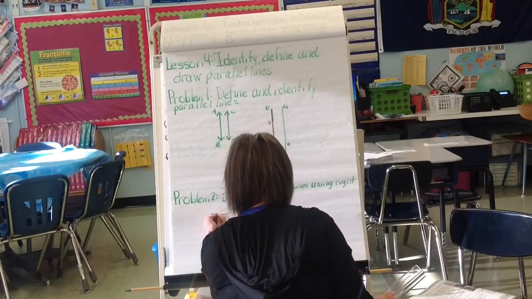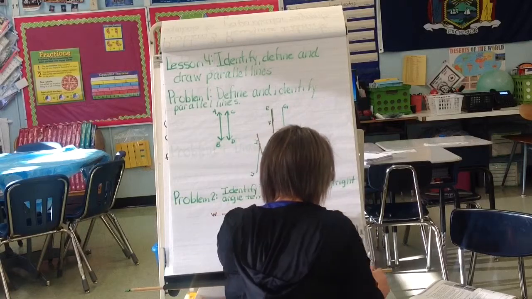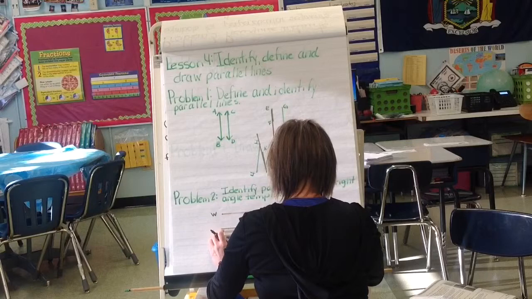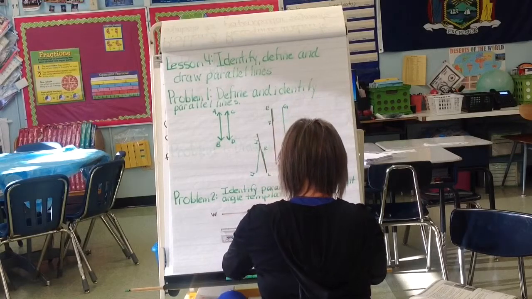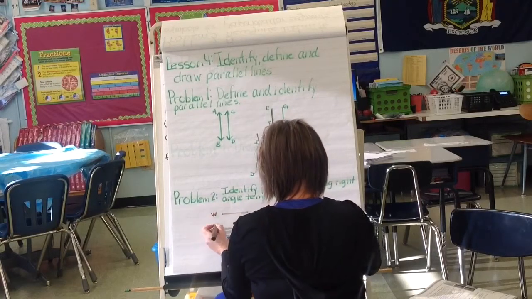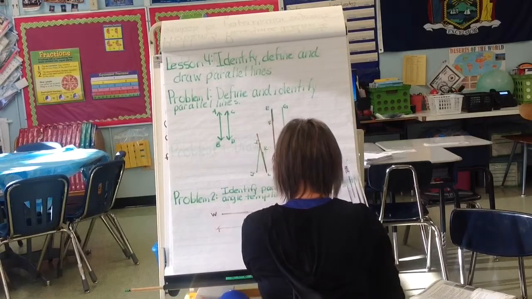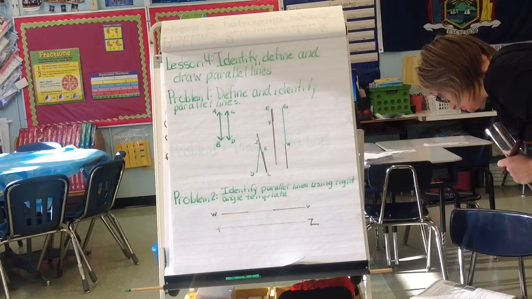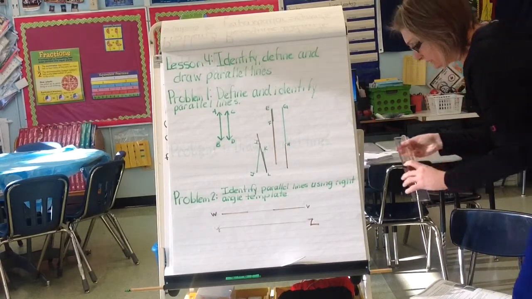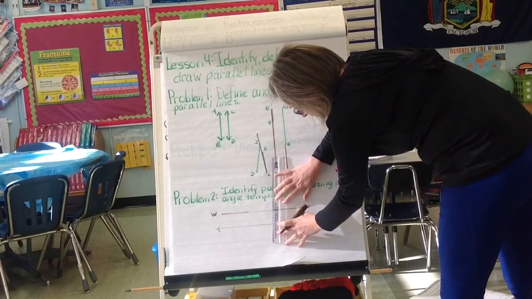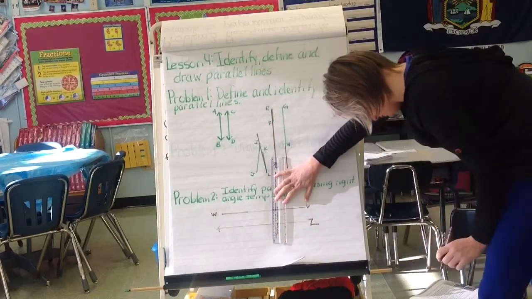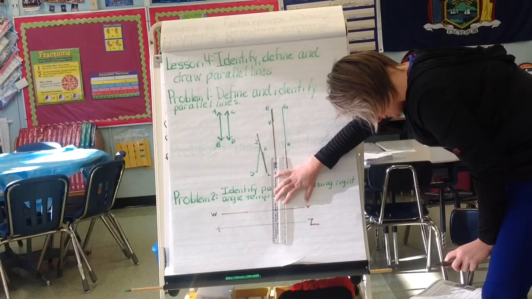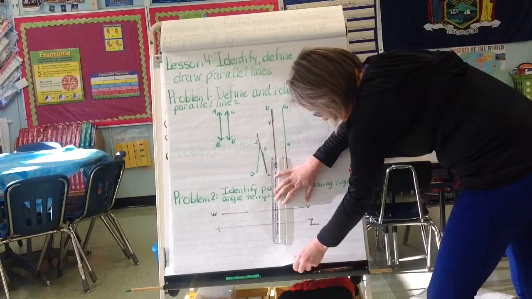We're going to call this one W, V, and we're going to draw another one, Y, Z. What you can do is place your ruler perpendicular across both segments. Notice this is perpendicular. I'm forming right angles now. Then slide the right angle template along the ruler to check.